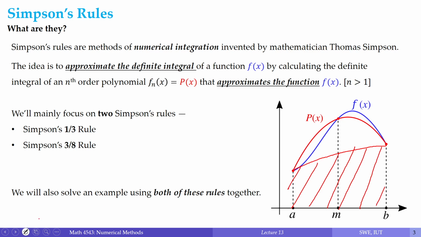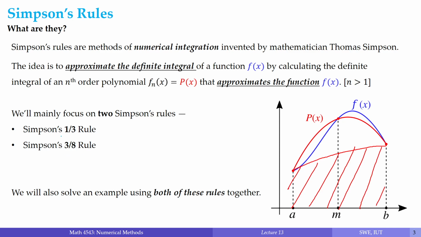So what Simpson did is, instead of taking a first order polynomial to approximate the behavior of the original function, he took polynomials of order greater than 1. So n has to be greater than 1 for an nth order polynomial. Today we'll discuss two of the most basic Simpson's rules, the Simpson's one-third rule and the Simpson's 3/8 rule.